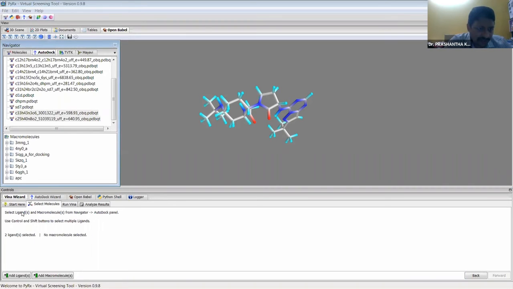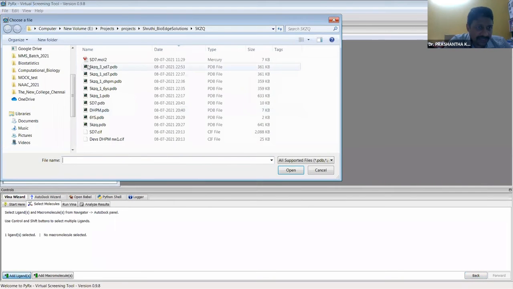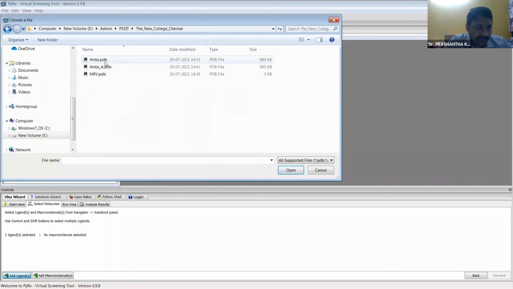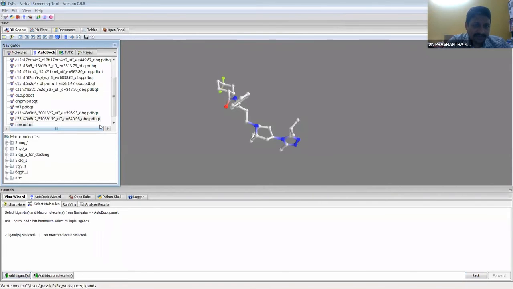Here two ligands are selected. Don't worry about that one. No macromolecule selected. In your case also you will be having only these two ligands. There is no other ligand found. Then we have an option here, add ligand or ligands. Click on this add ligands. Then go back to your folder where we have this mrv.pdb. Then you click this mrv.pdb because we have to add the ligand.